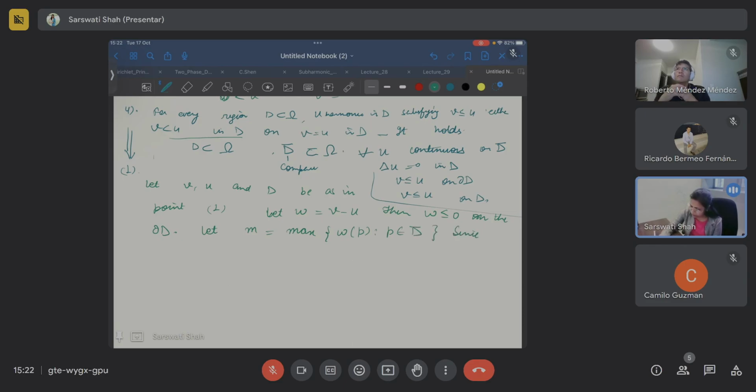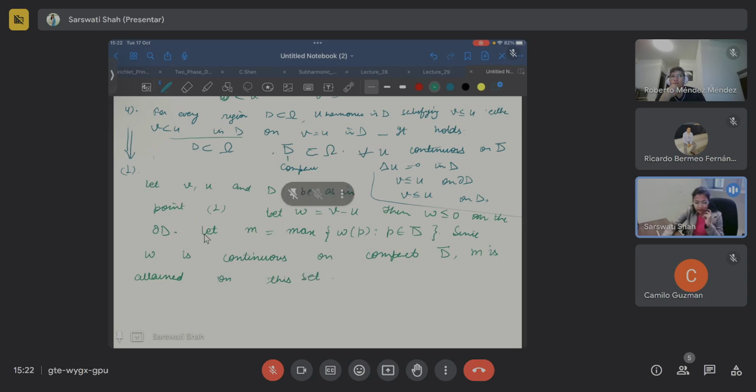Since W is continuous on the compact set D closure, M is attained on this set.